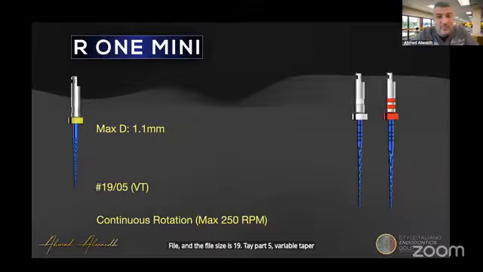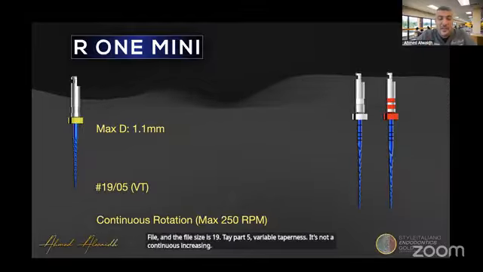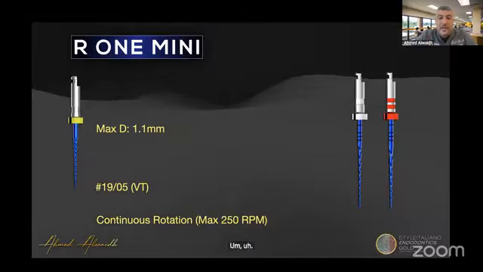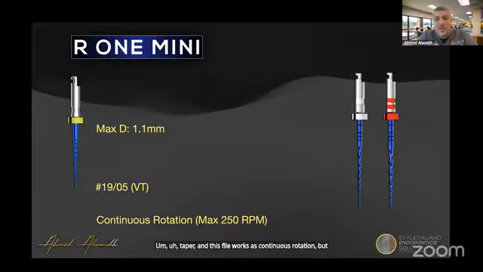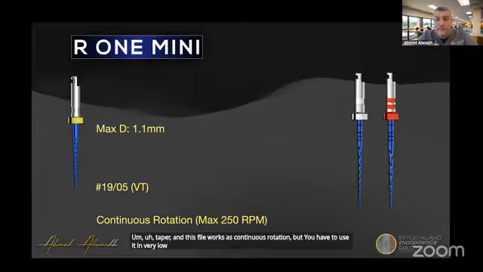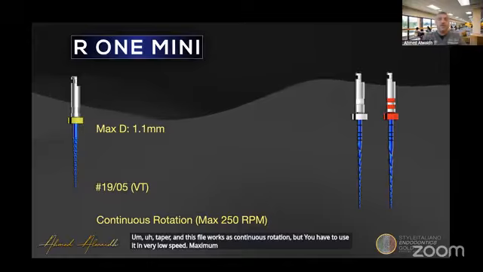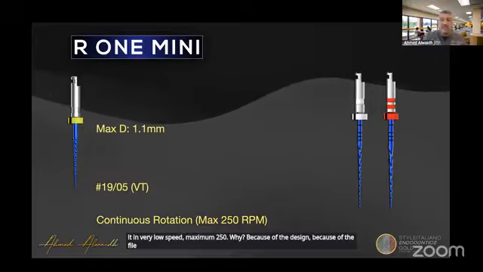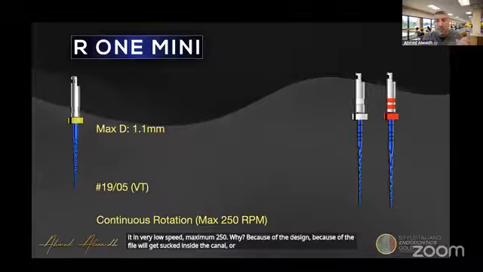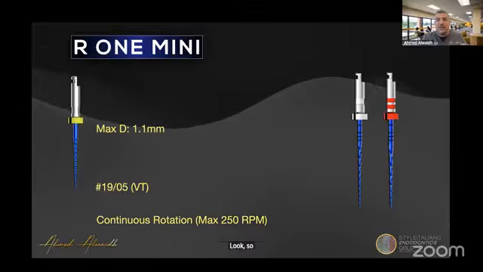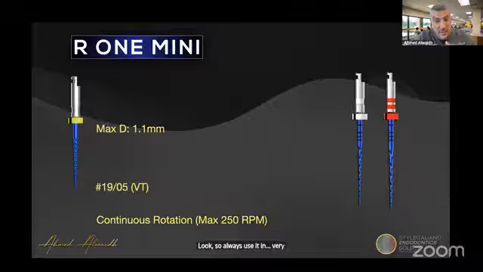It's not a continuously increasing taper. And this file works in continuous rotation, but you have to use it at very low speed, maximum 250. Why? Because of the design, the file will get sucked inside the canal, or we will have a lock. So always use it at very low speed in rotation movement.